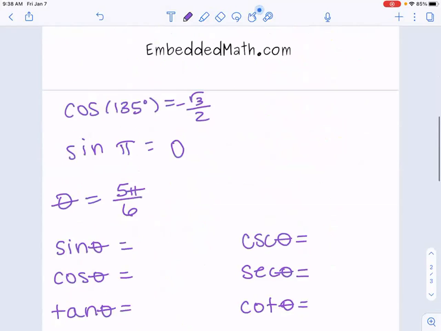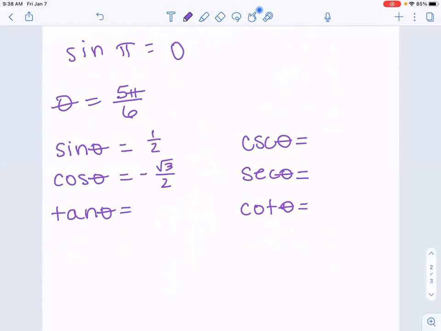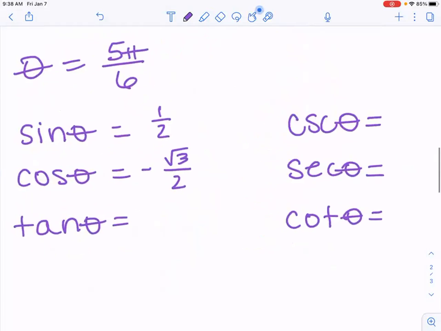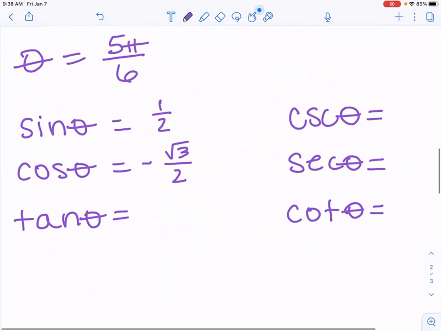Our sine ratio is a positive 1/2. Okay. Now, how do we evaluate tangent? For tangent, we take our y coordinate, sine, divided by our x coordinate, cosine.